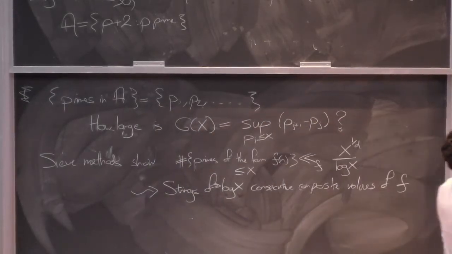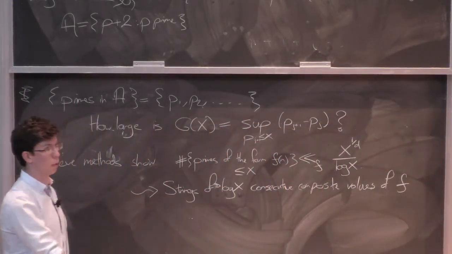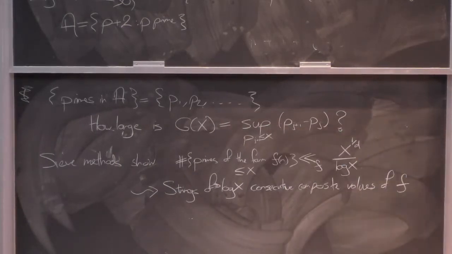However, whenever you go through this Chinese remainder theorem method, you're not really just finding any old typical composite number. You're finding composite values where you're looking at numbers of size, maybe x, that have a prime factor of size at most log x. And so these are quite atypical composite values.